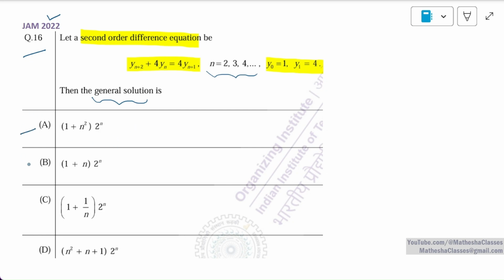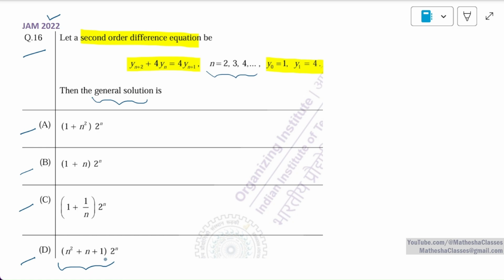Option A, nth term is (1 + n^2) times 2^n. Option B, nth term is (1 + n) 2^n. Option C, (1 + 1/n) times 2^n is the nth term, and finally option D, the nth term is (n^2 + n + 1) times 2^n. So we have to decide which of the following four options is correct.